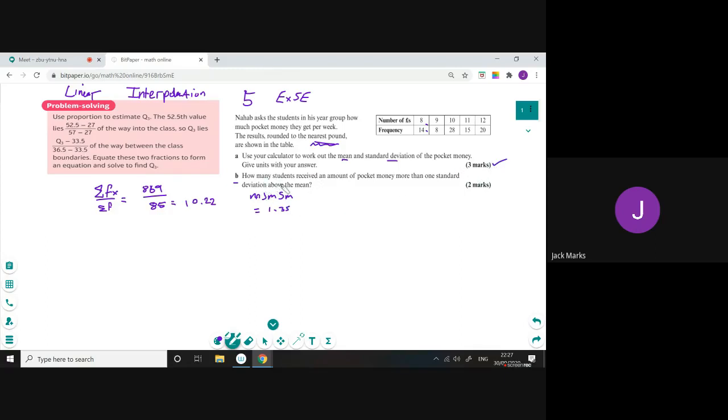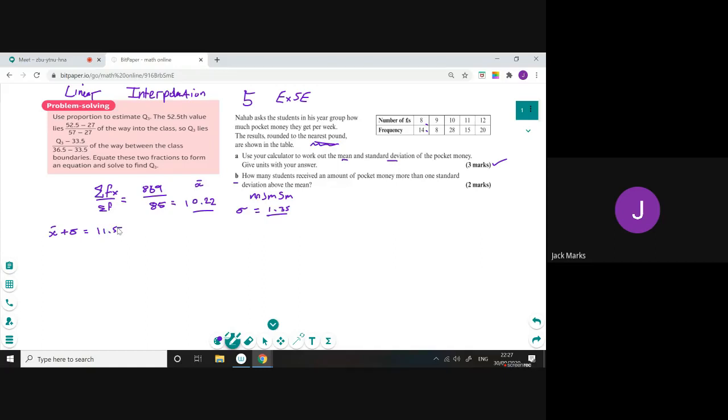The next part says, how many students received an amount of money more than 1 standard deviation above the mean? So 1 standard deviation above the mean: we do the mean plus the standard deviation, we just add these numbers together, and we get 11.57.